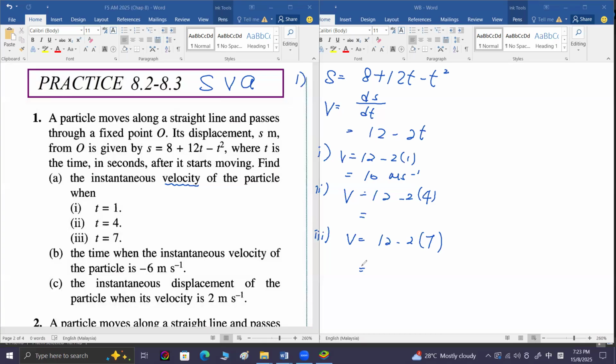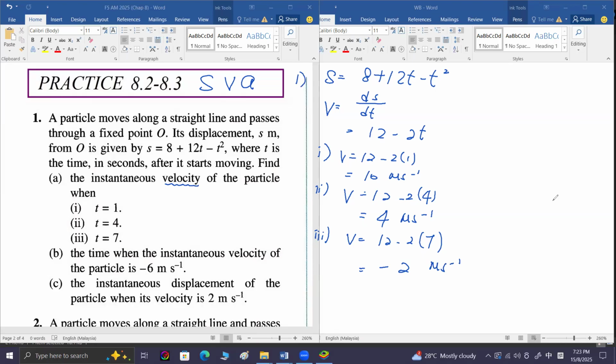Okay, got it, class? Here, I got 4 and negative 2. Yeah, okay, class, take note now. When V is positive, it means the particle moves to the right.